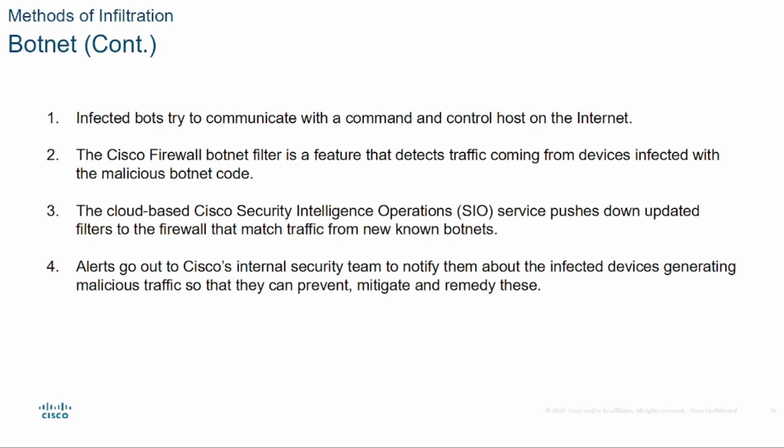The Cisco firewall botnet filter is a feature that detects traffic coming from devices infected with malicious bots. The cloud-based Cisco Security Intelligence Operations (SIO) service pushes down updated filters to the firewall that match traffic from newly known botnets. Alerts go out to Cisco's internal security team, notifying them about the infected devices so that they can prevent, mitigate, and remedy this.